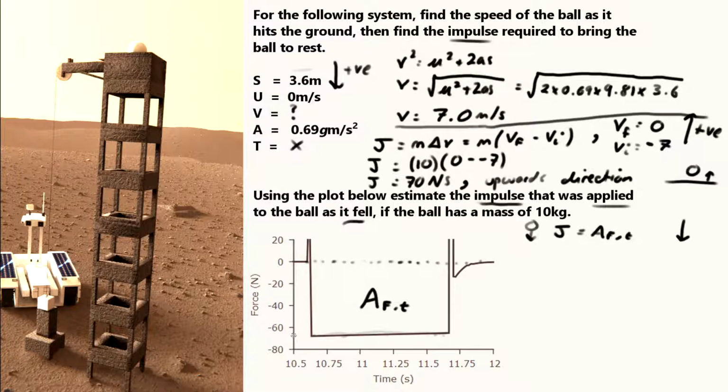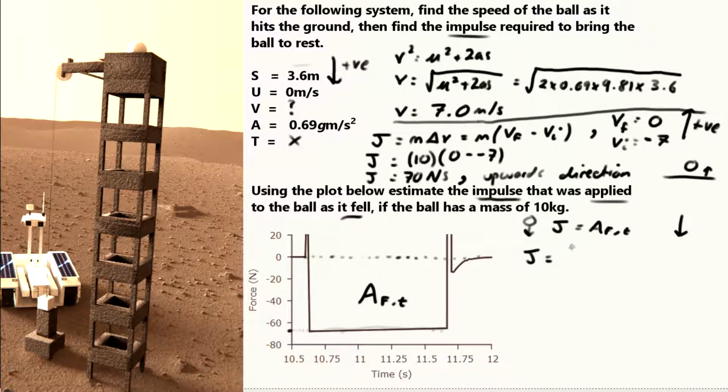which is, if we draw our dotted line across, somewhere around the region of 65 to 67.5, then we get that the impulse is equal to the area, which is equal to minus 67.5 multiplied by our change in time, which, as you can see, is for the most part 1 second.